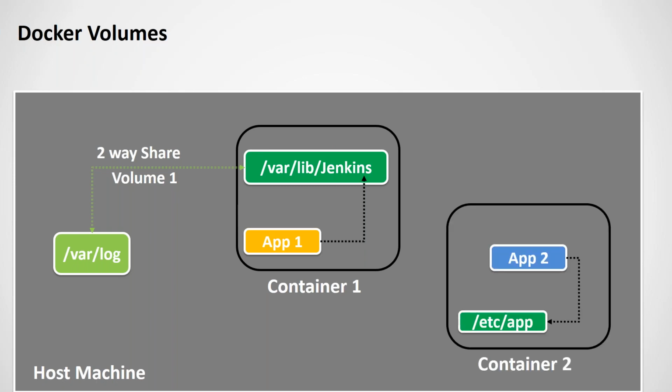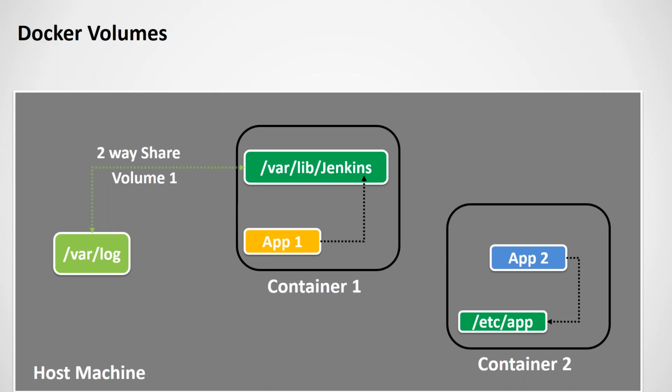Now, I can have multiple containers, and in each container, I can have a different folder. Let's assume I have a scenario where I have different containers in which the same application, or different applications, is running. What happens now? I want to check the logs of each and everything.